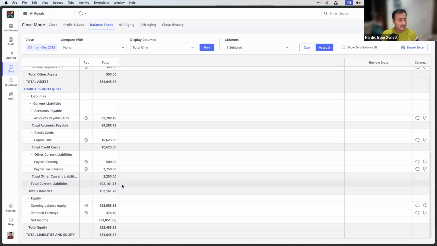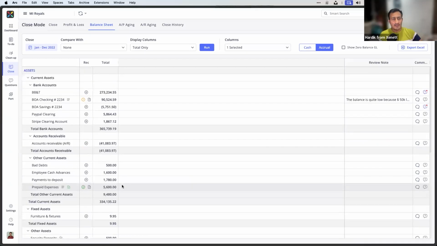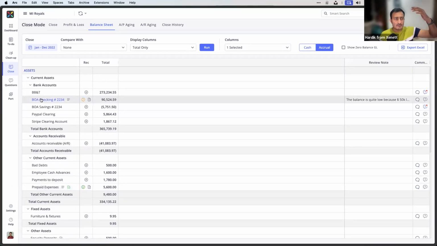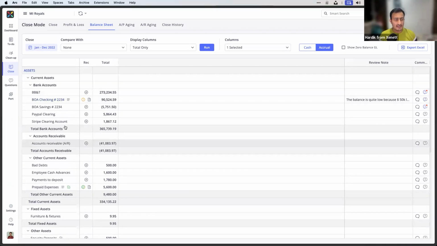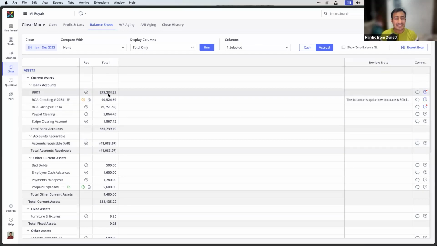All right, so that's equity. Now, we literally went from bank accounts, accounts receivable, current assets, fixed assets. As we finish reviewing these accounts, our goal should always be to make sure that the ending balance is accurate, right?